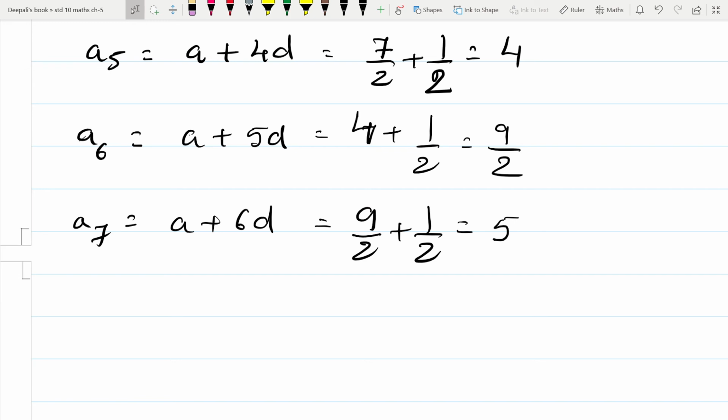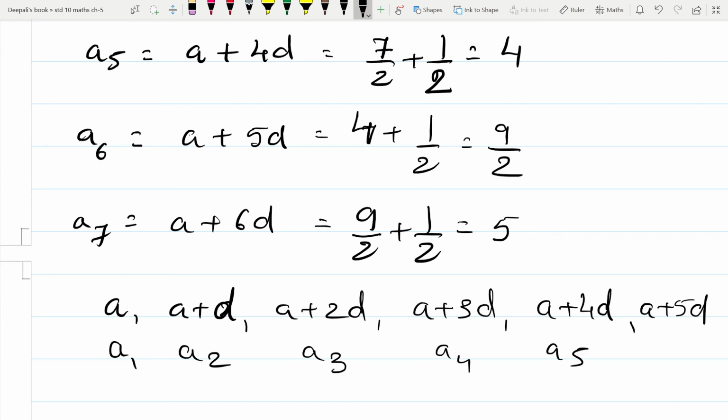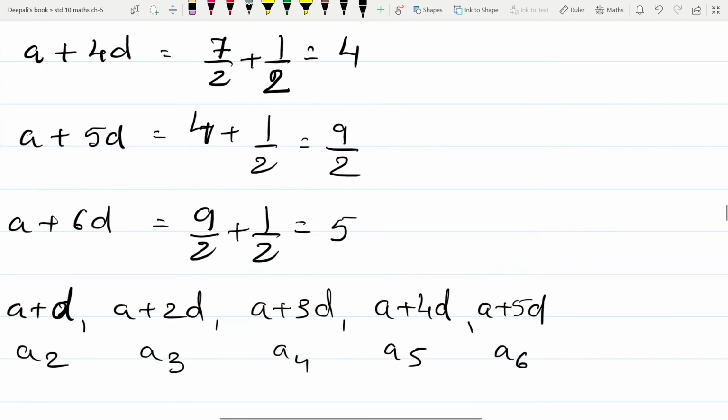Now here you must be wondering why I took this A this way. It's a shortcut trick. When I say A plus D, A plus 2D, A plus 3D, A plus 4D, A plus 5D, I am talking about A1, A2, A3, A4, A5, A6 and A plus 6D, that is A7.